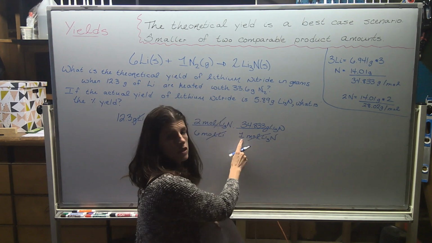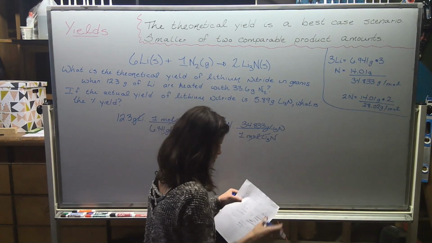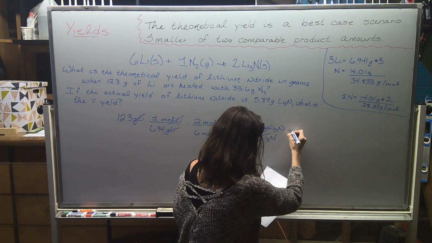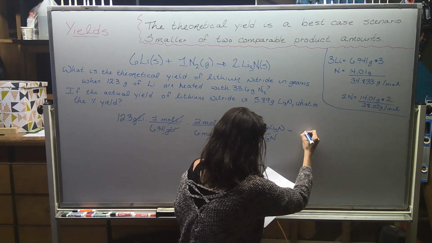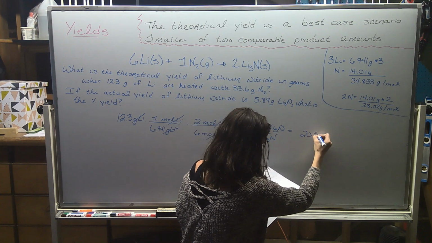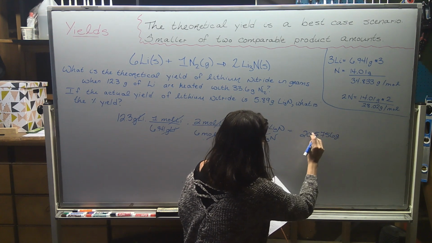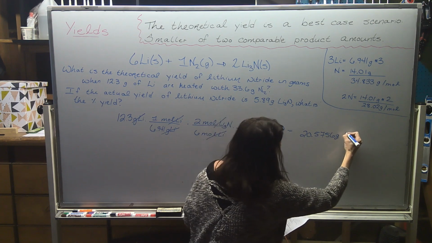And again, I'm using the 1 mole with my molar mass. So for that one, I got 20.5756 grams of the lithium nitride.